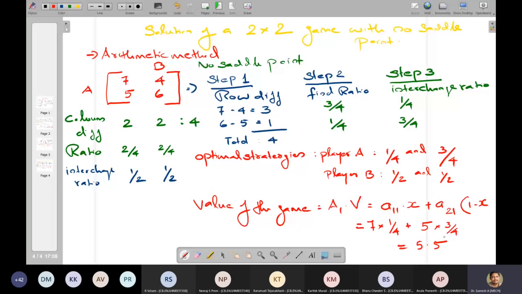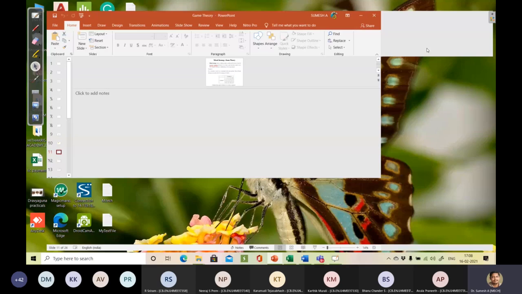Now, suppose the matrix is not 2 by 2, say for example, it is 3 by 3. How can you solve such problems if the matrix is of a size other than 2 by 2?